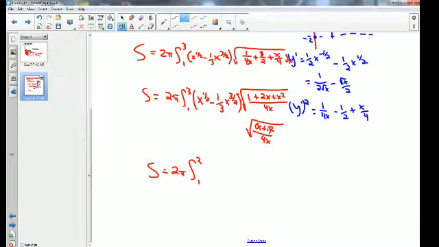You just got a lot of algebra to do to make this more simple. This should be x plus 1 over 2 root x, right? This can go into each term.